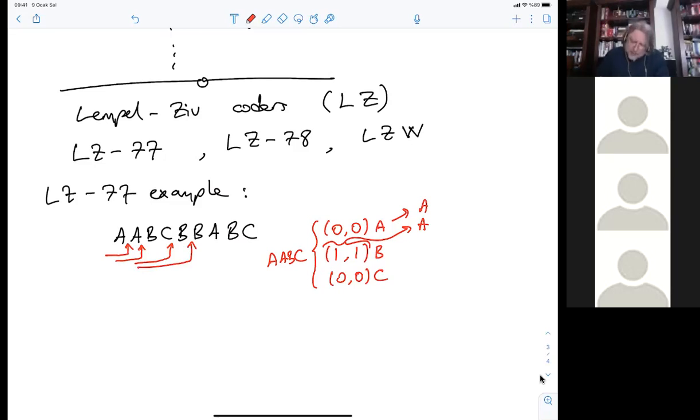How far back was the location? You have to go back two symbols from here and arrive at this B, and copy one of these B's because there was one B. If you copy two things, it will copy BC, which would be incorrect because it is BB that we are trying to encode. And now the next symbol is another B.